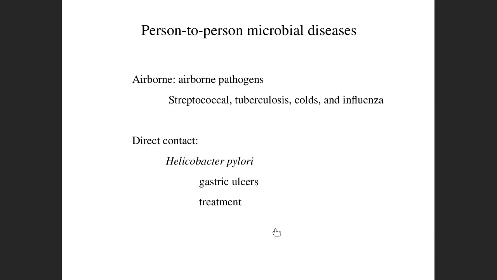So the next thing is a few examples of how direct contact with bacteria can cause infection. One of them is Helicobacter pylori. It causes gastric ulcer. And you guys were all born very fortunate after we figured this out.